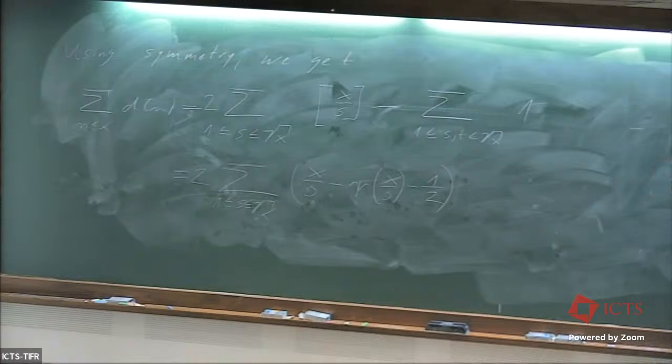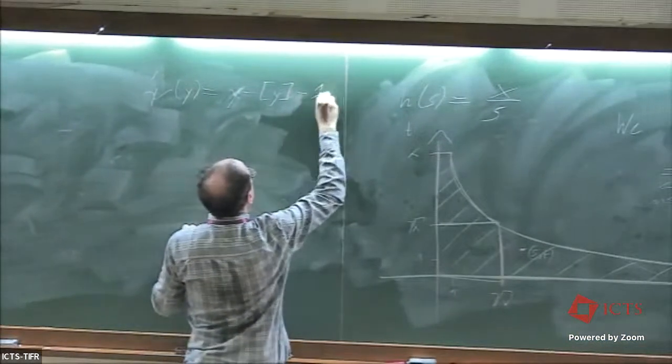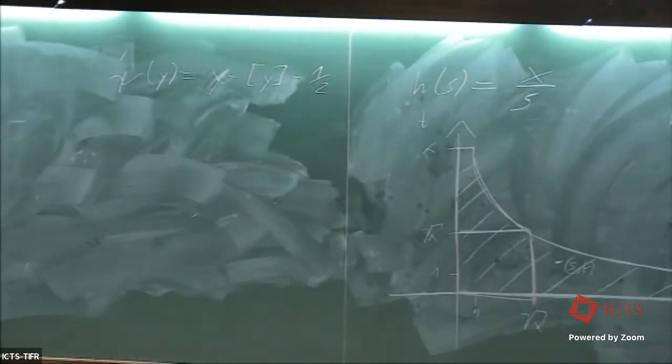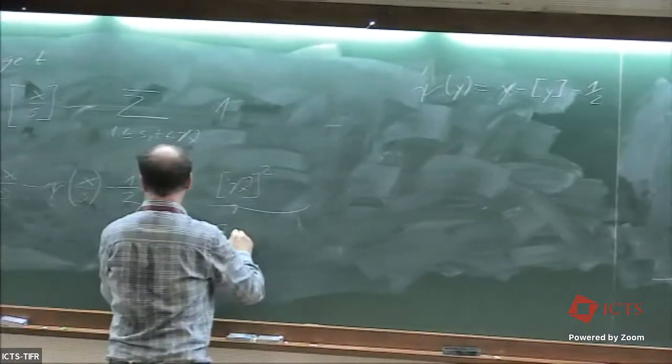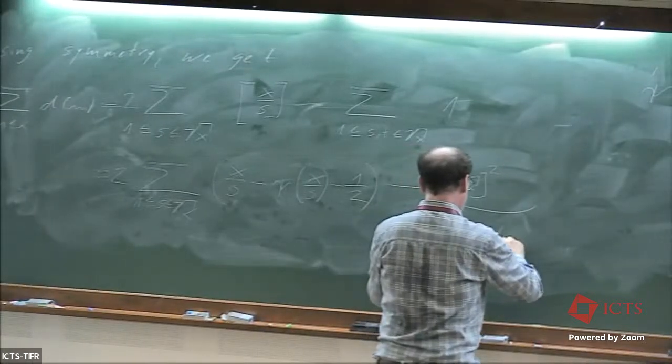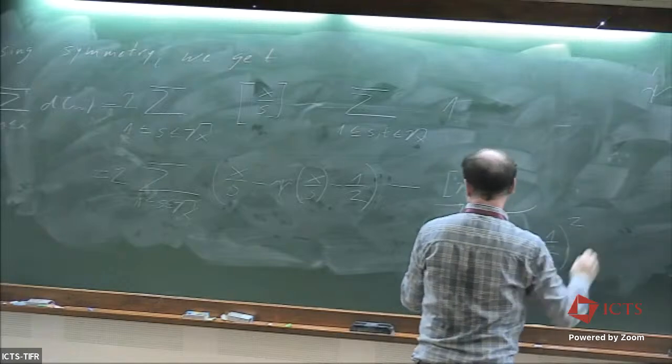And the subtracted term is nothing else than the box function of square root x, squared. So that is nothing else than x minus psi of square root x, squared.